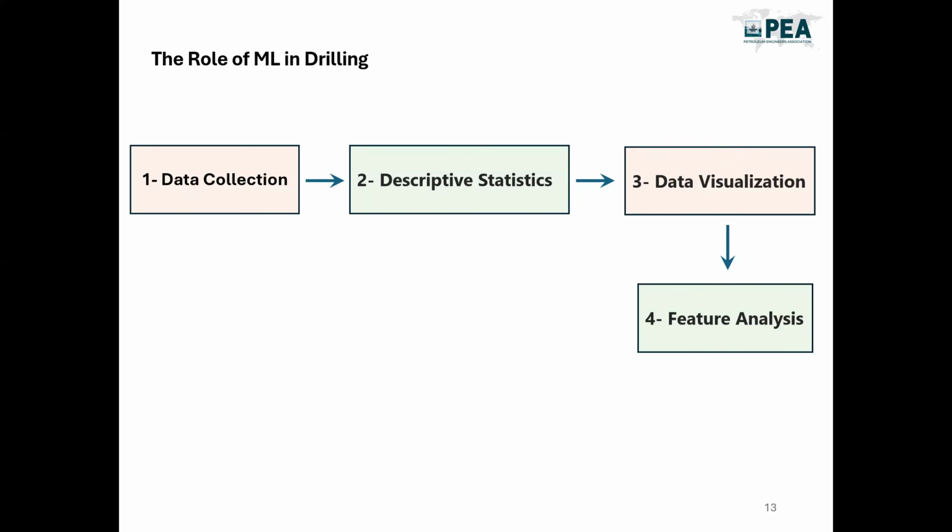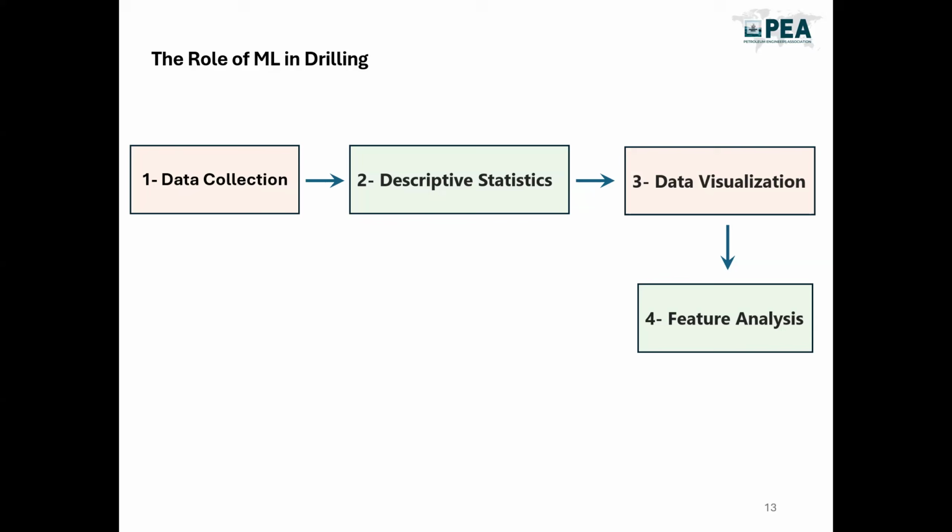Some of them have a great impact on ROP: by changing those parameters, the ROP will change. But some of the parameters you're collecting on the rig floor from different sensors may have zero impact on ROP. By doing this, you can find out which parameters have no impact on ROP, and eliminate and delete them.